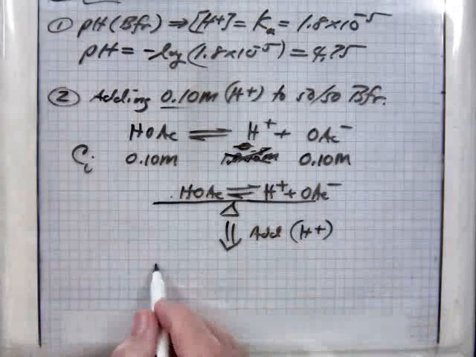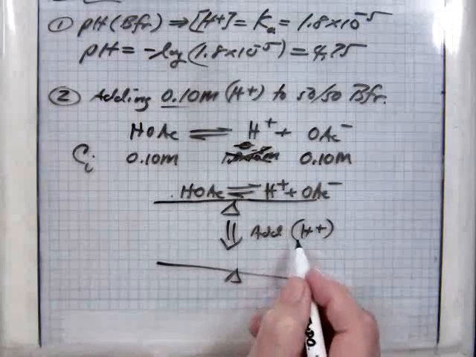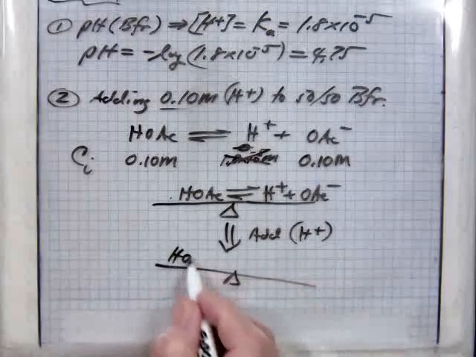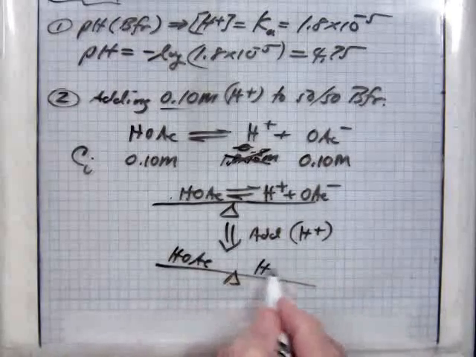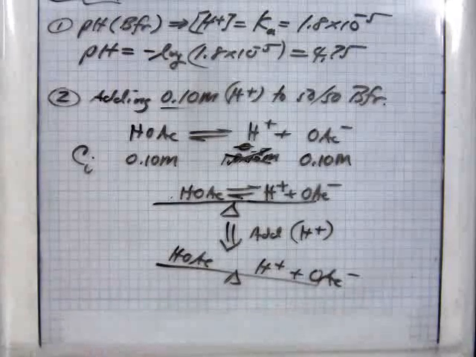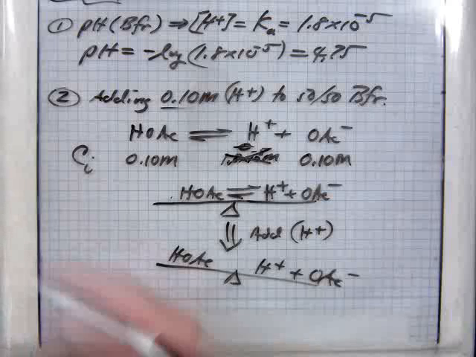So the outcome of adding the hydronium ions is to tilt right. Everybody agree with that? So what that means is we've destroyed the original equilibrium, and the reaction has to shift to reestablish it. So which way is it going to shift? To this way.